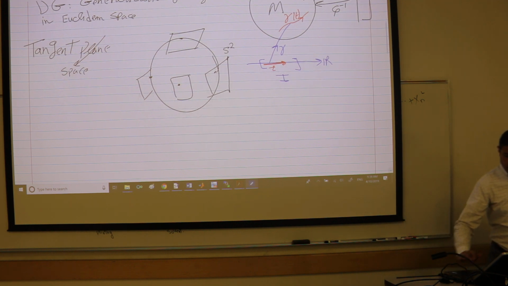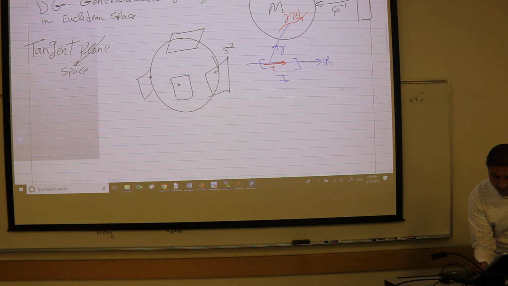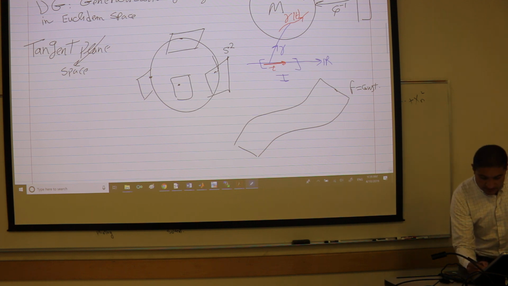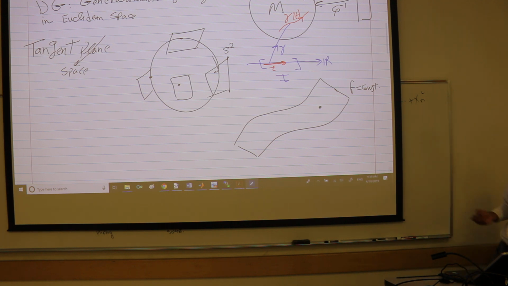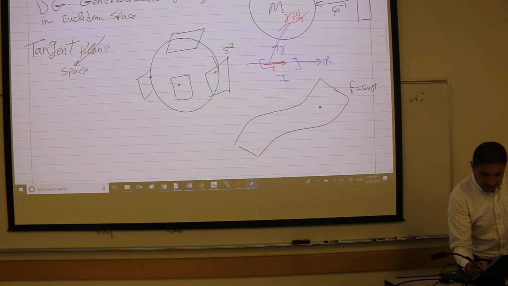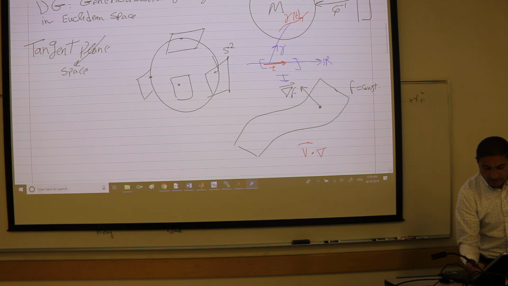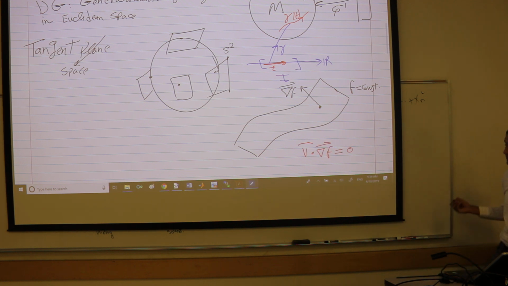So that's okay, that's good. So in any surface, say if you have this surface defined by a function, f equal constant, in a higher dimension Euclidean space, I can easily define the tangent space at any point, say this point, P. How can you define the tangent space? Well, I have the normal to the surface very well defined. It's nabla F, right? And any vector V that is perpendicular to nabla F must be in the tangent space.